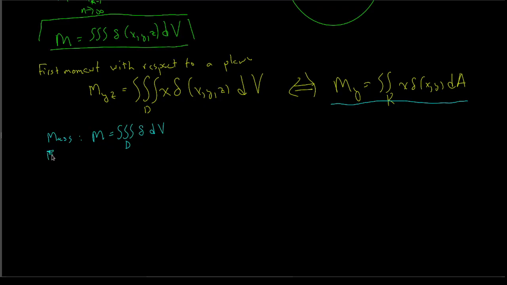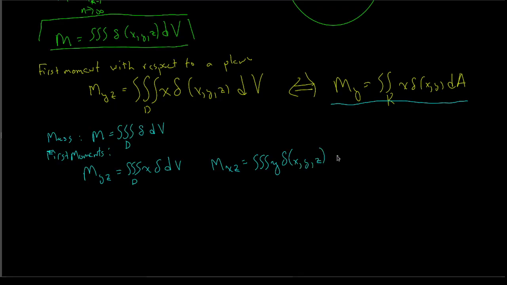The first moments about the planes, for the YZ plane, is the triple integral times x times the density function times the differential of the region. About the xz plane, then, is the triple integral times y times the density function times the mass element.